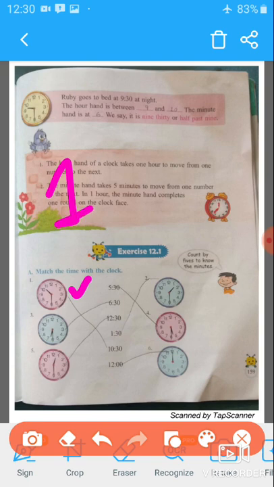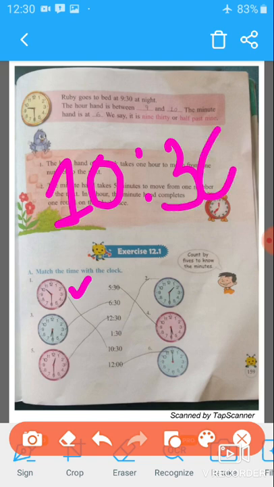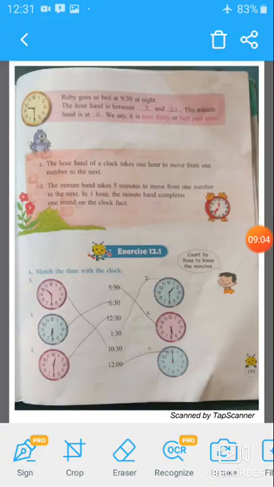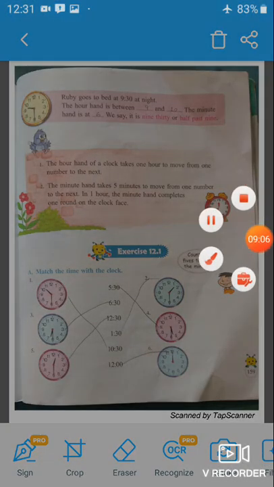This means the time is half past 10. It can be written as 10 colon 30. So students, here you will match this clock with 10 colon 30.